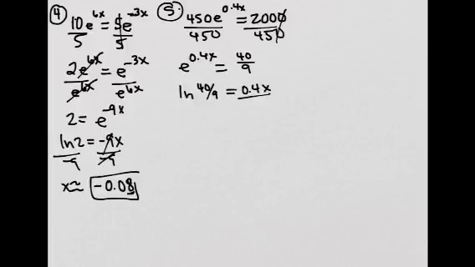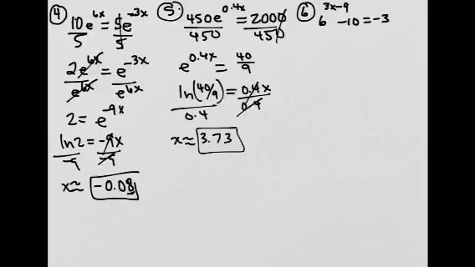So I'm going to divide by 0.4. And so input this into a calculator. Now remember, this is natural log of that number. It's not natural log of 40 divided by natural log of 9. It's natural log of 40 over 9. So that's how you're going to put it into your calculator. So we get x approximately equal to 3.73.